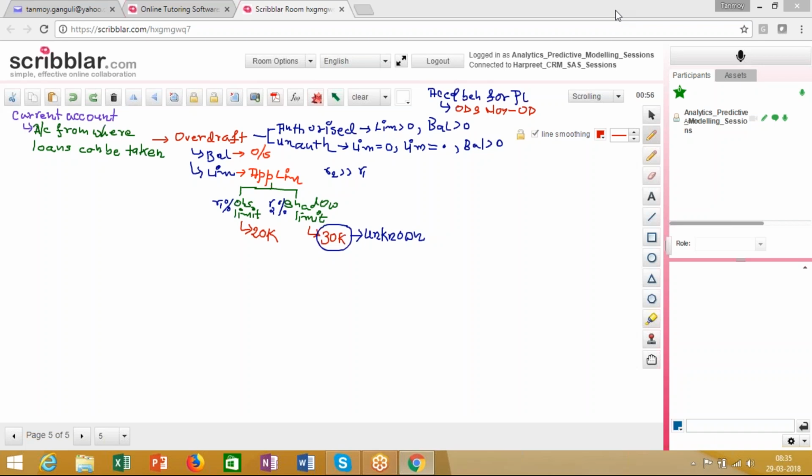And the idea over here is that overdrafts generally have very high limits, and to some extent they have limits which cover the amount of personal loan that I need to pay.